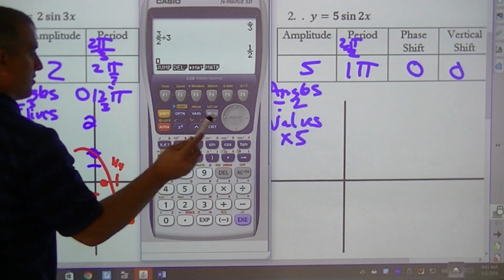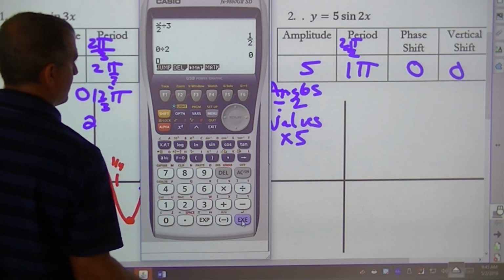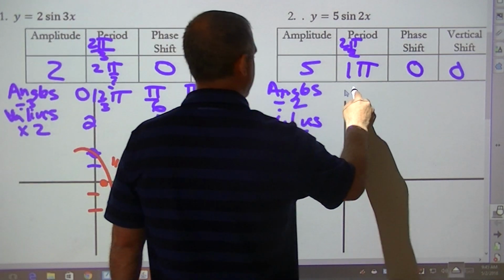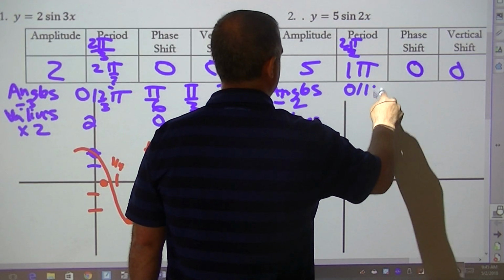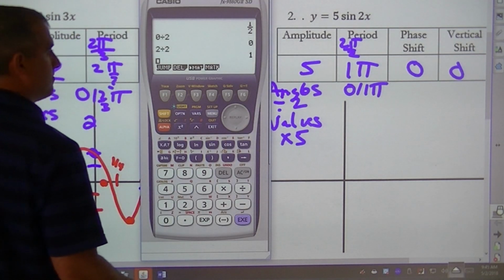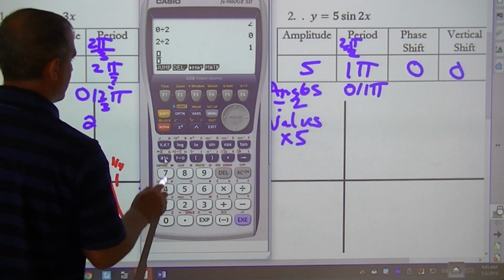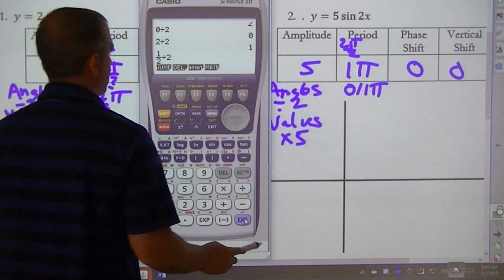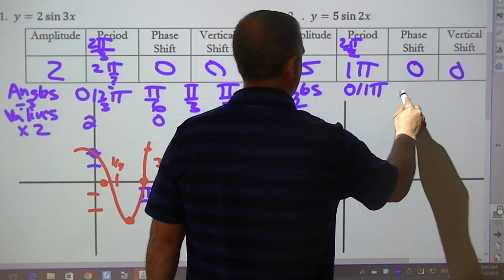Take those angles that we started with. 0 over 2 is 0. 2 divided by 2 would be 1, so that's going to be 0 and 1 pi. Then I have pi over 2, which is really 1/2. 1/2 divided by 2 is 1/4, so pi over 4.